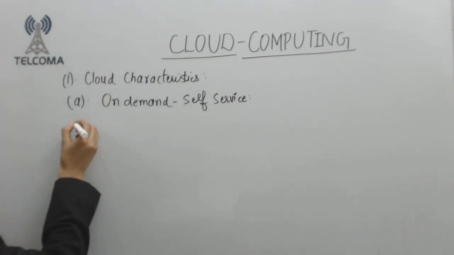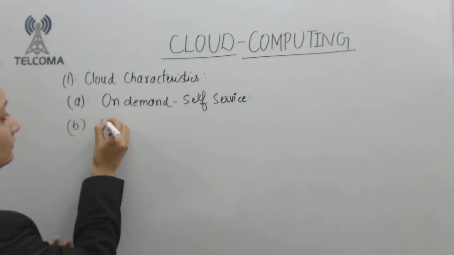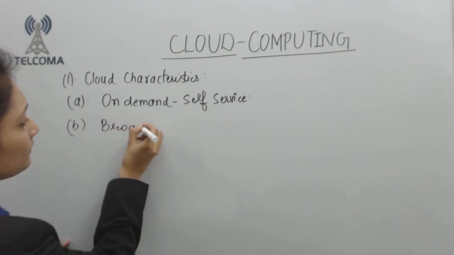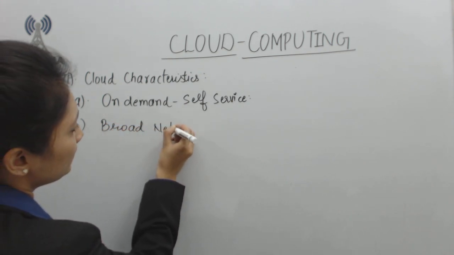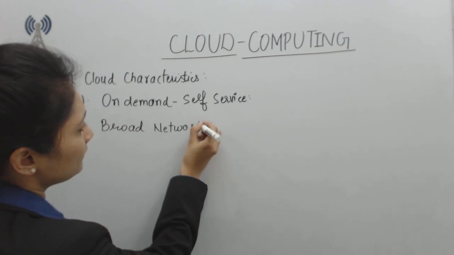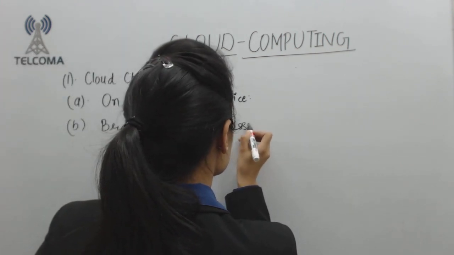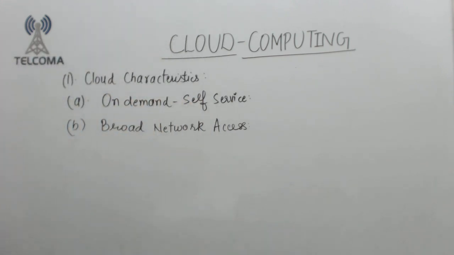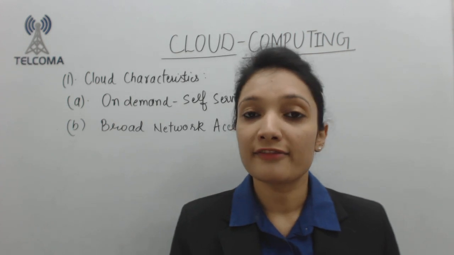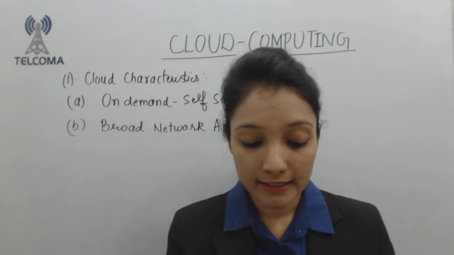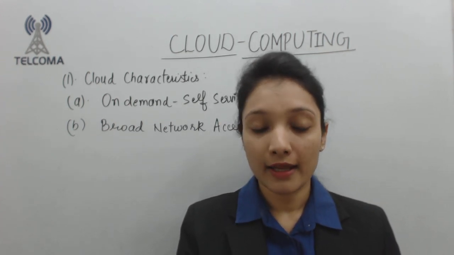Next one is broad network access. Broad network access means that cloud computing is totally a web-based technology. That means it can be accessed anywhere and anytime.